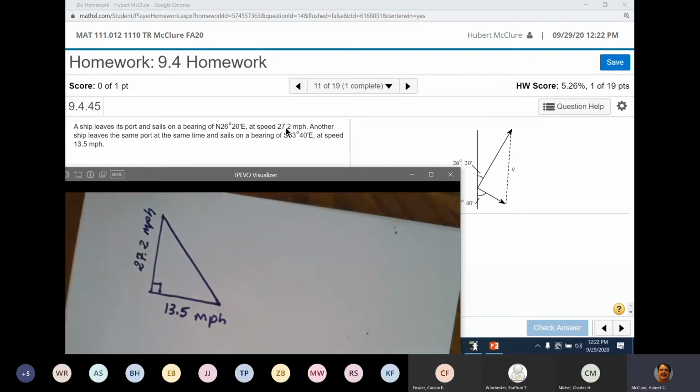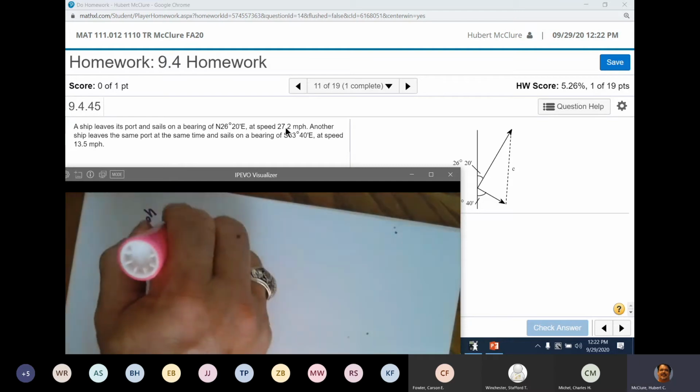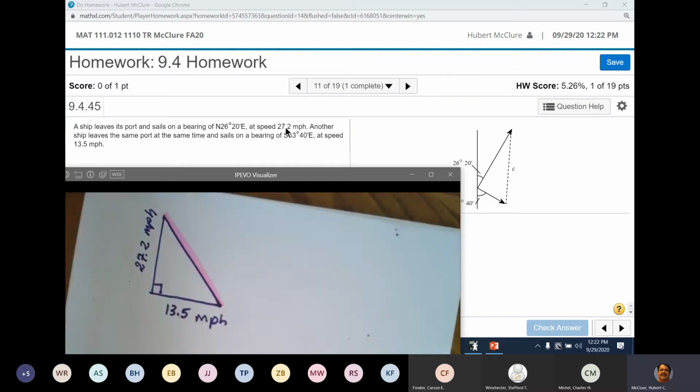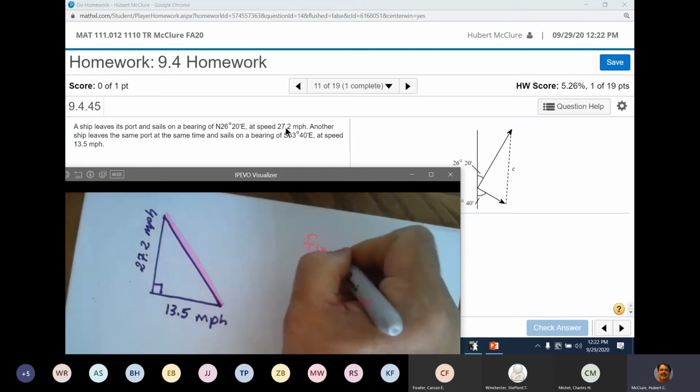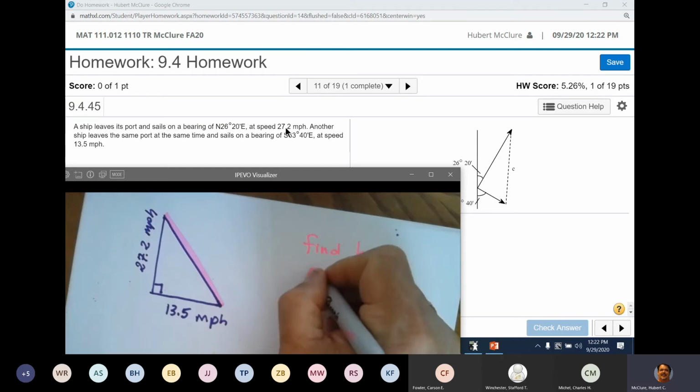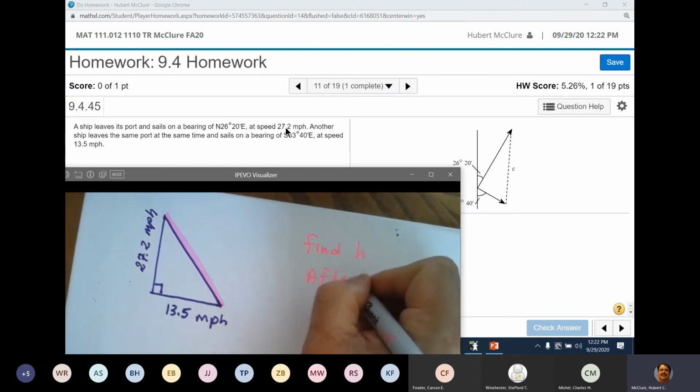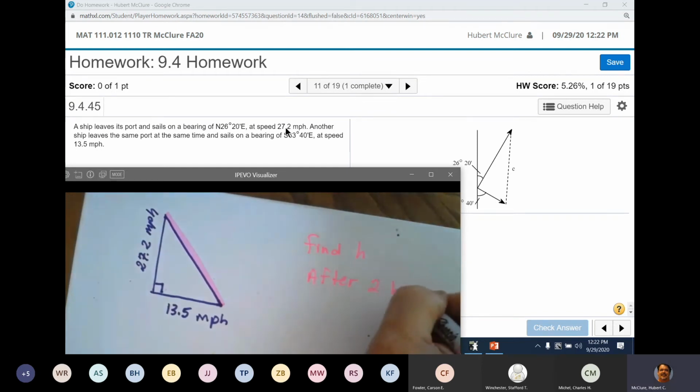They want to know what the distance is right here, the hypotenuse, after 2 hours. Find H after 2 hours. Okay, here we go.